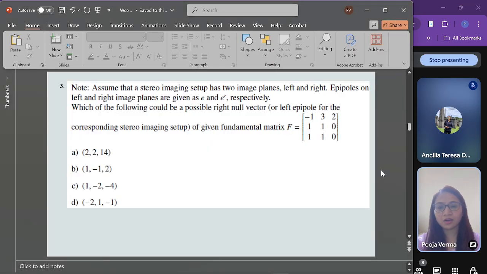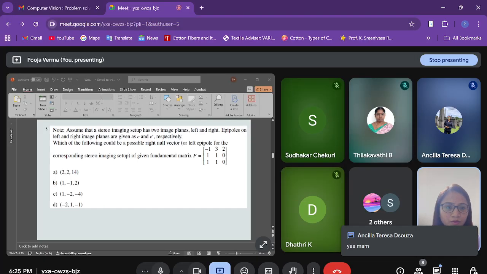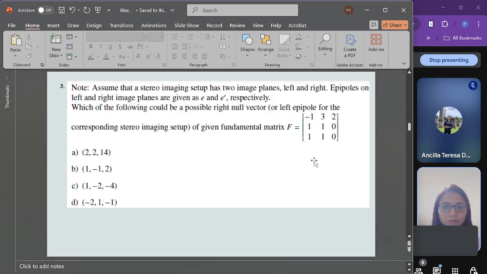Okay, so now moving to the next question. Here the note is given. Assume that a stereo imaging setup has two image planes, left and right. Epipoles on the left and right image planes are given as E and E dash respectively.